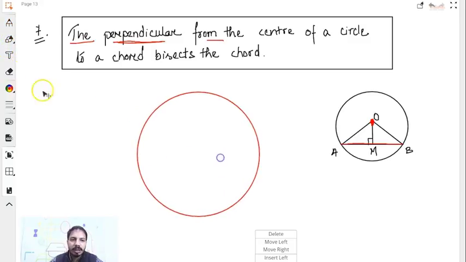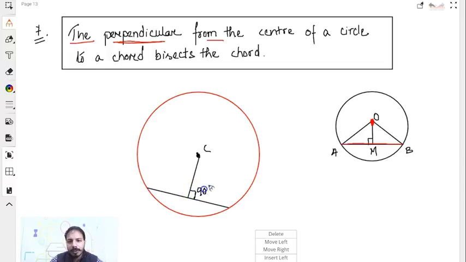If I have a circle and I take a chord in any direction, anywhere, and somewhere here is the center, then the distance from the center to this line will be the perpendicular line, right? So this is the distance.